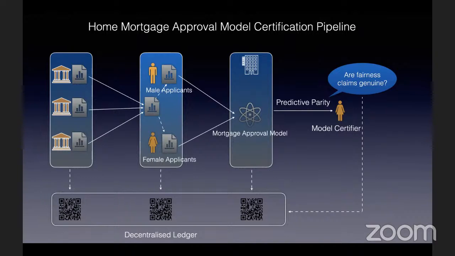And so we can also verify the relationship in the first half of the slide, on the left side, that these data sets are actually obtained from the data sets published by these reputed organizations. So in that way, you get an end-to-end provenance of this model, right? That it does achieve fairness on the benchmark data set, and that the benchmark data set was properly obtained.